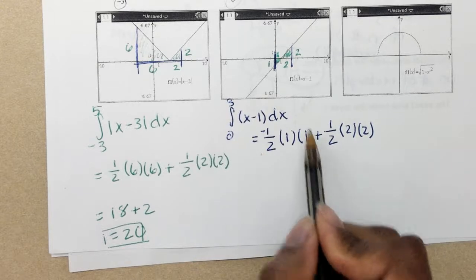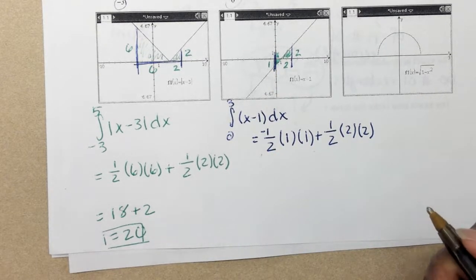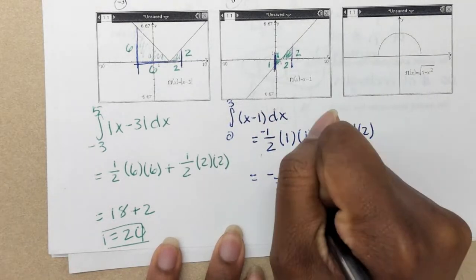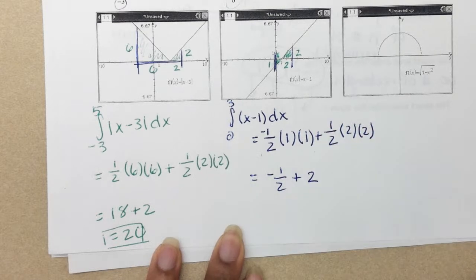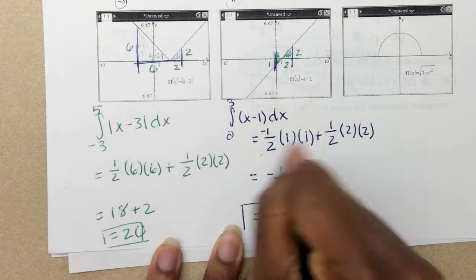So this first area is negative because, again, it was below the x-axis. So we have -1/2 plus 2, so 1 1/2.